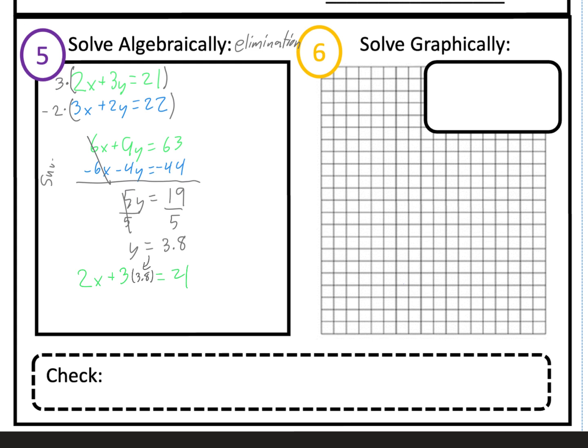Now let's go ahead and solve for the variable. So we're going to do the math we can. 2x plus 11.4 is equal to 21. Now we've got a two-step equation that we know how to solve.